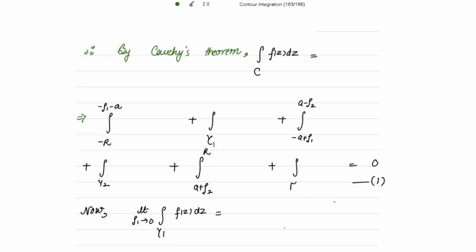Because the function is analytic inside and on the contour C, and all the poles lie outside the contour, by Cauchy's theorem the integration over the whole contour of f(z) dz is equal to 0.